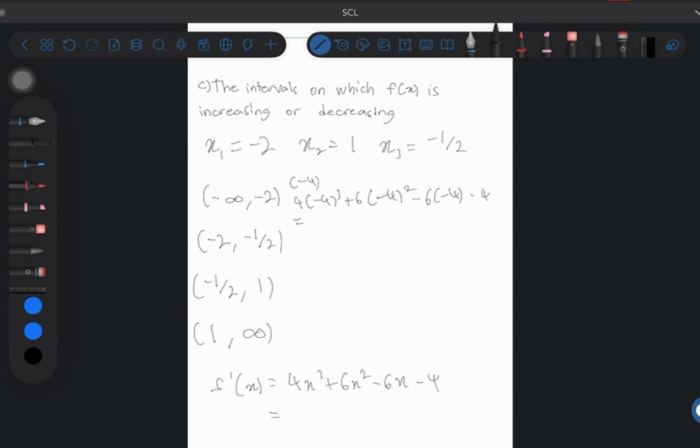If we use the calculator, we get -140. We can see that the sign is negative, so it is decreasing.